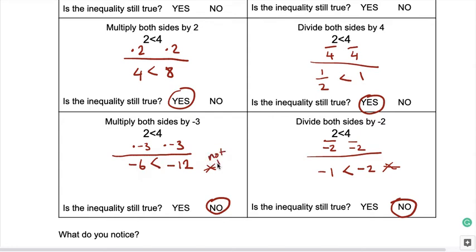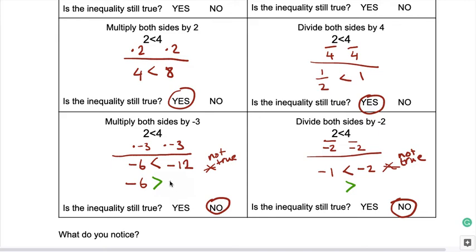So when we multiply or divide by a negative number, what we need to do is flip the sign. We have to flip the sign over.